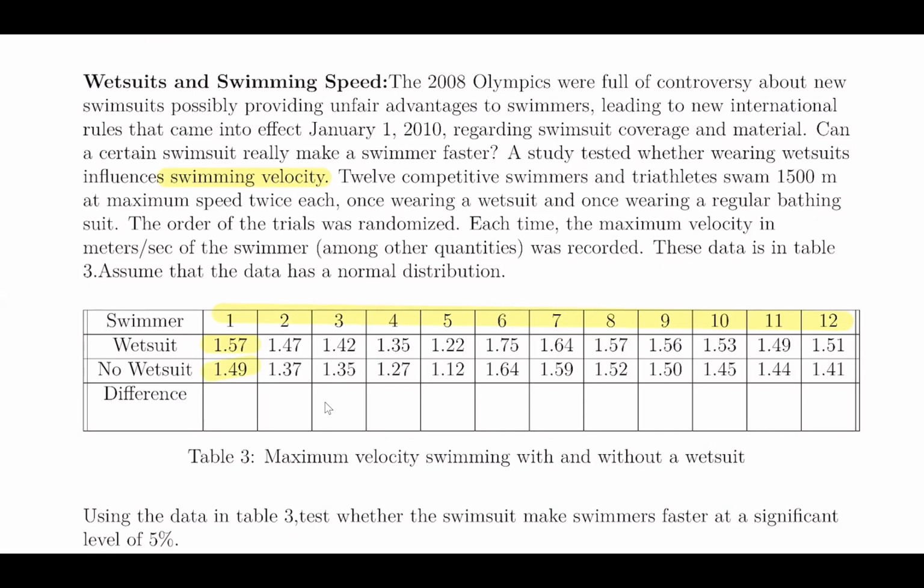All right. So up next, we're going to calculate the difference. I want a positive number, meaning that the wetsuit actually made them go faster, and I want a negative number to mean that the wetsuit actually went slower. So we're going to do wetsuit minus no wetsuit.